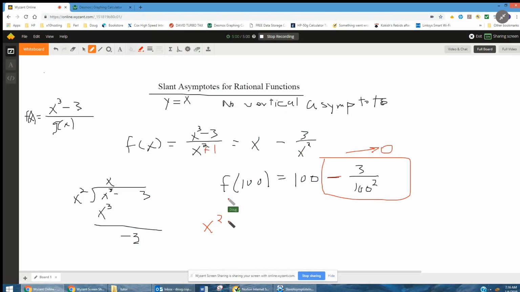So x squared plus 1 divided into x cubed minus 3 is, as long as the denominator is 1 less than the degree of the numerator, you're going to have a slant asymptote. So x cubed plus x. If I subtract, I'll get minus x minus 3.